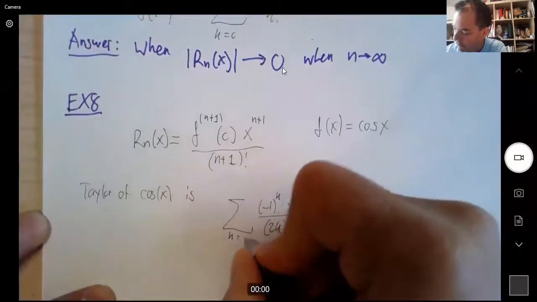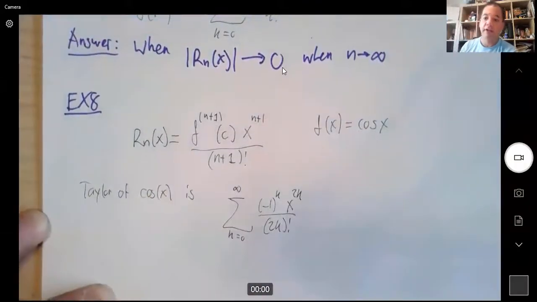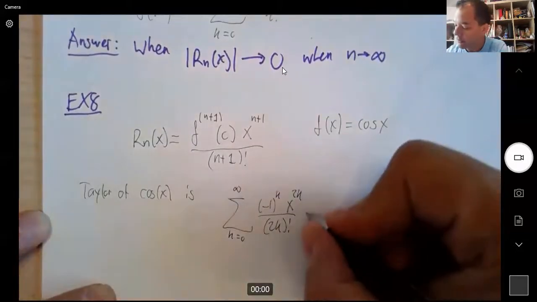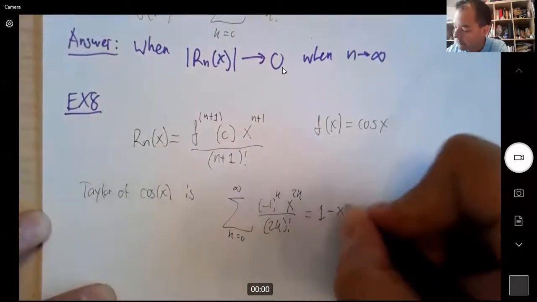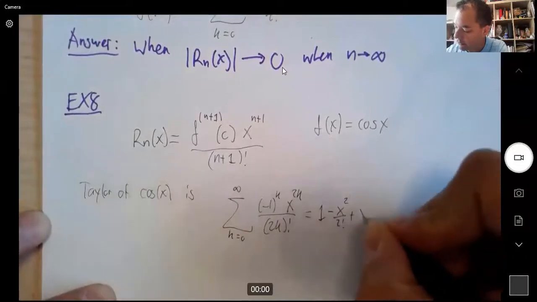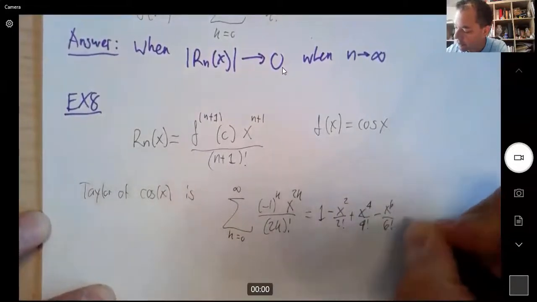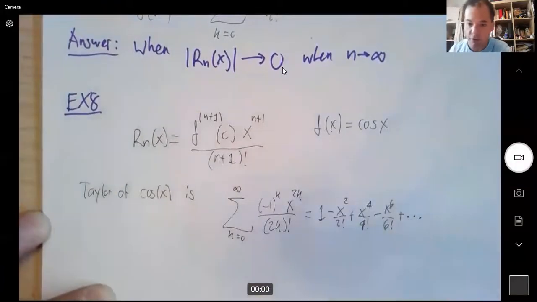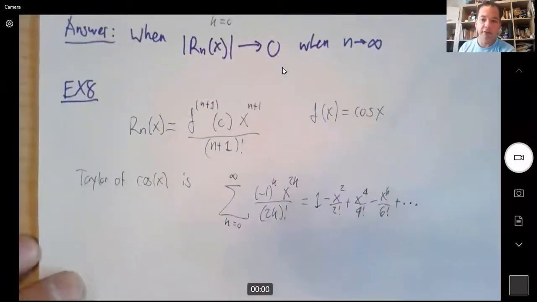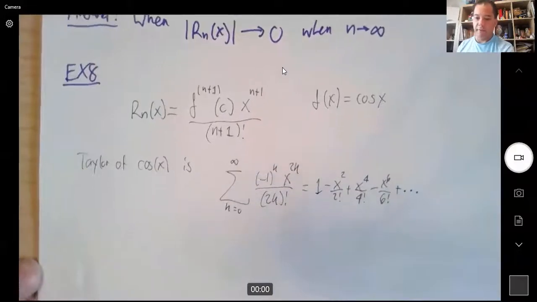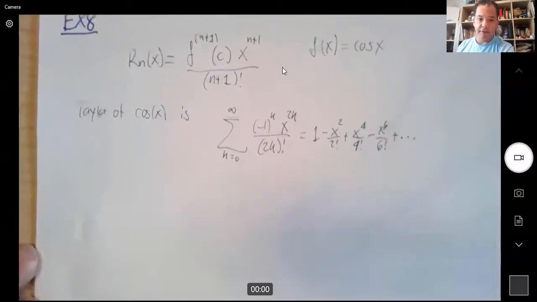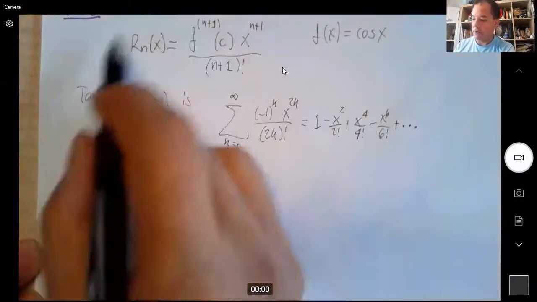You remember when we did it, the derivatives alternated, and they were 1, 0, negative 1, 0, 1, 0, negative 1, 0. So this is 1 minus x squared over 2 factorial plus x to the 4 over 4 factorial minus x to the 6 over 6 factorial, etc. Keeps going on like that, alternating signs.